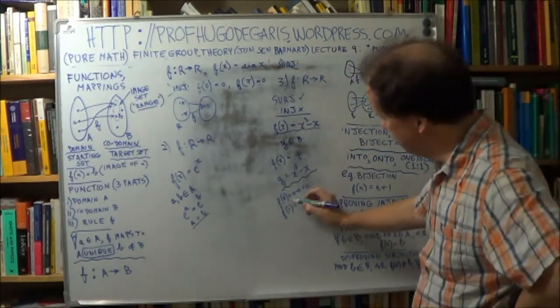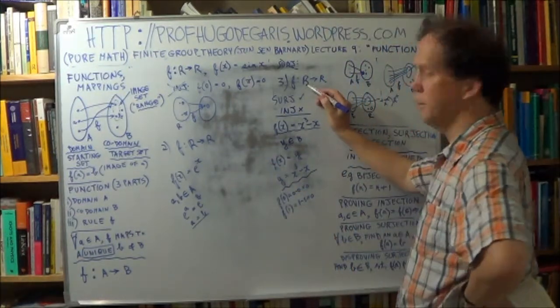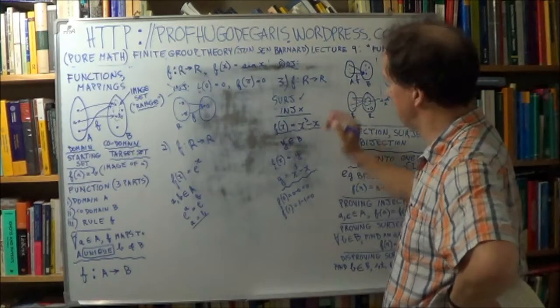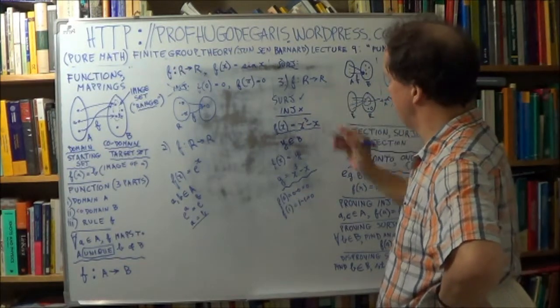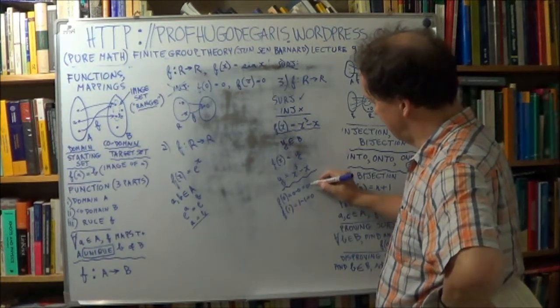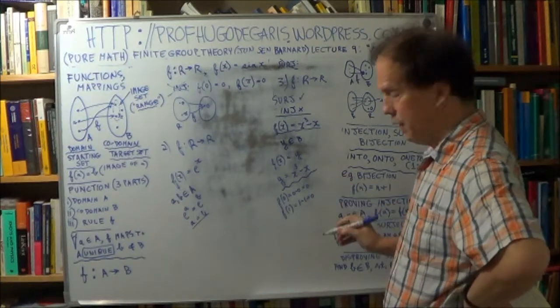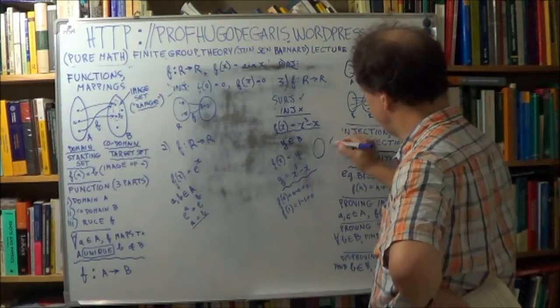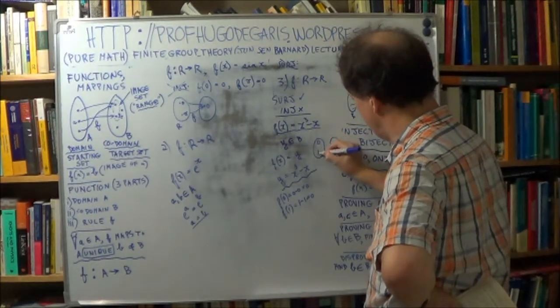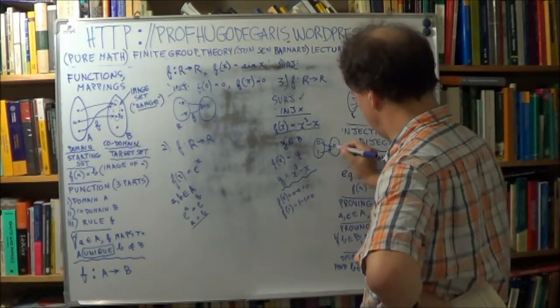So you now have two elements from your set of reals, 0 and 1, and they both map to 0. Both of them. So 0 and 1 both map to the same element.